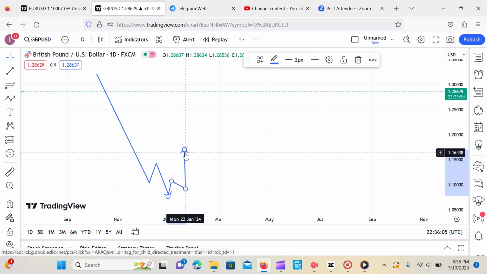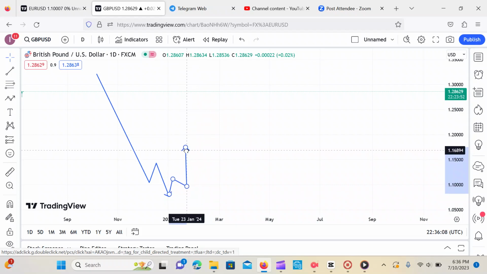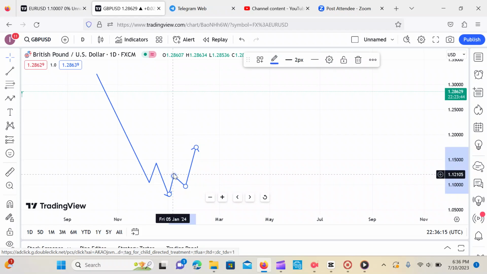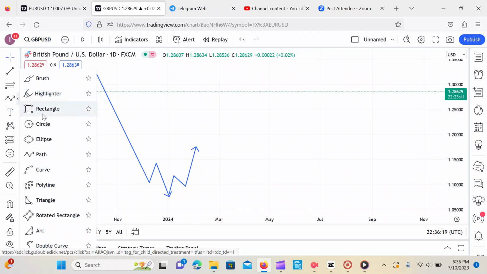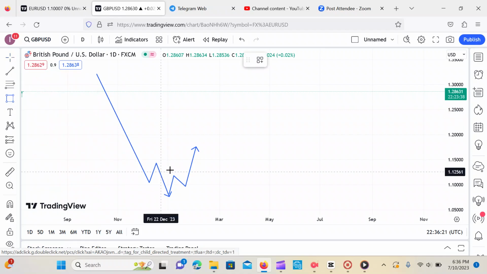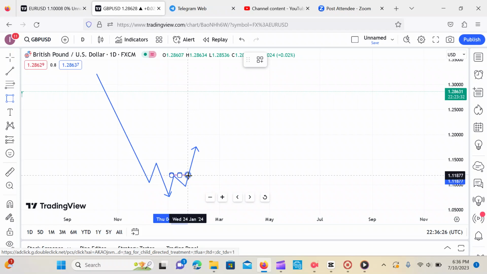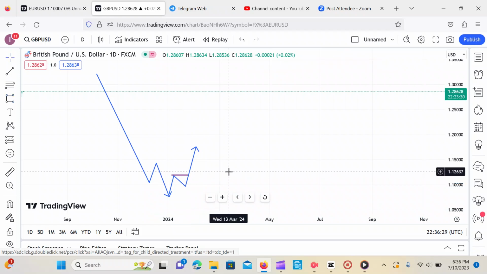Let me extend so that we'll see it. Immediately the price breaks above this level, it is called change of character. Let me quickly mark it so you understand what I'm talking about. But the thing you need to know is that price has to break above it with a full body candle.